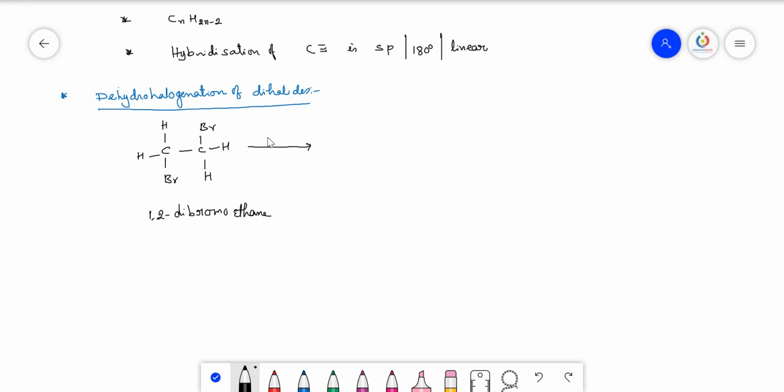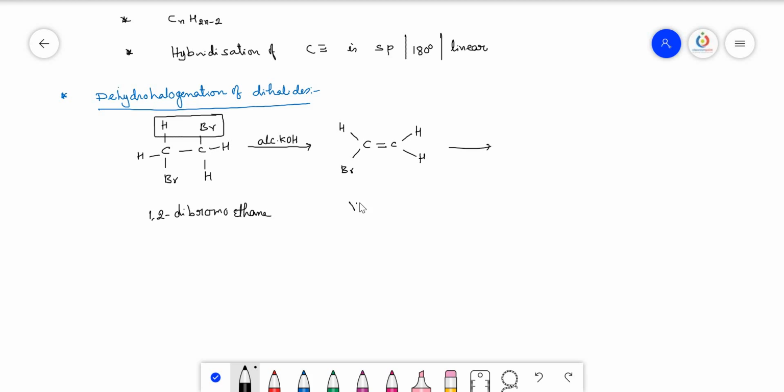So when it is subjected to alcoholic KOH, alcoholic KOH is a dehydrohalogenating agent which eliminates one hydrogen and halogen from the adjacent carbon atoms, so that it makes a double bond between the carbon atoms from where these two atoms are being removed. So we can write the molecule like this. So we got this molecule after the removal of the hydrogen halide.